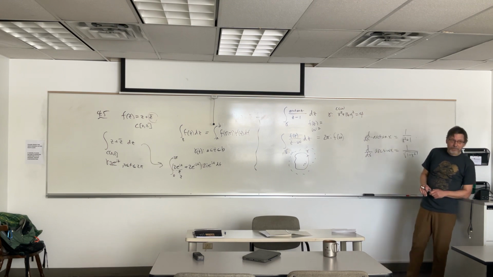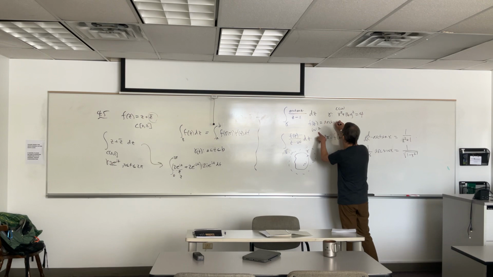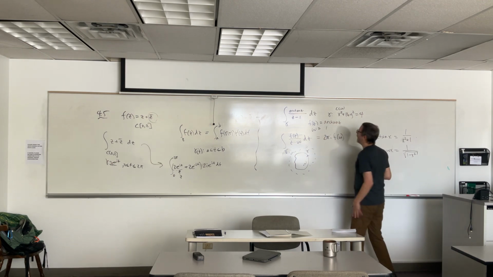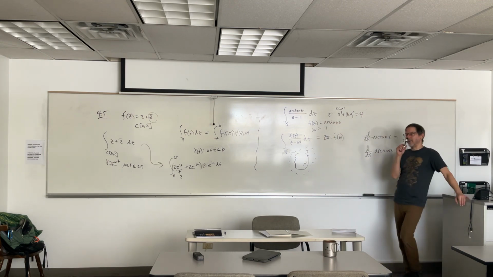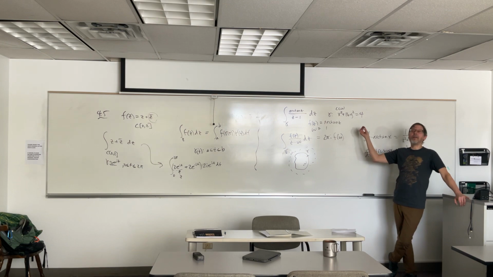F of z is arctan z, w is 1. Thanks. What do I need to verify to use this result? That 1 is in the curve. Yeah, that 1 is inside this ellipse.